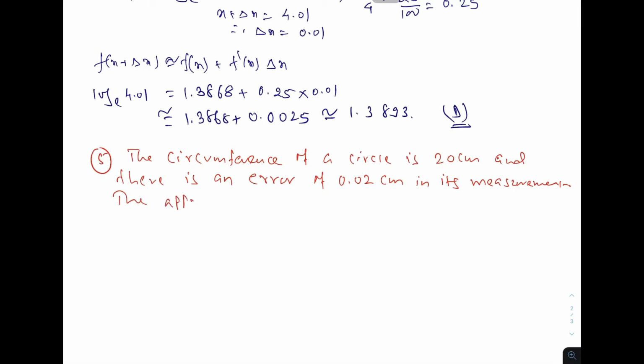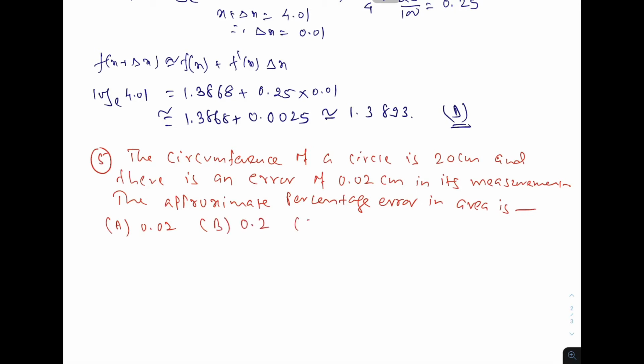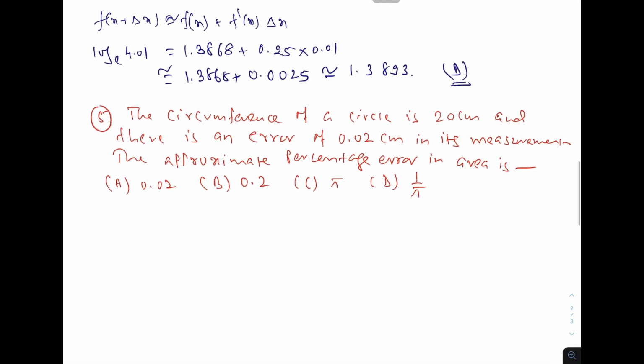The approximate percentage error in area is blank. So options are 0.02, 0.2, pi, 1 by pi.